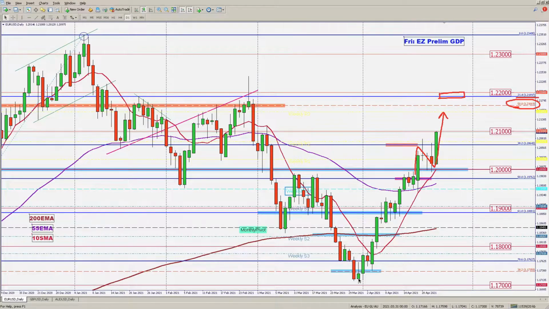It actually dipped below the 78.6 and then climbed back up to the 21 fib. So we'll see if it can break through this 50 fib retracement, which is just at 121.67.